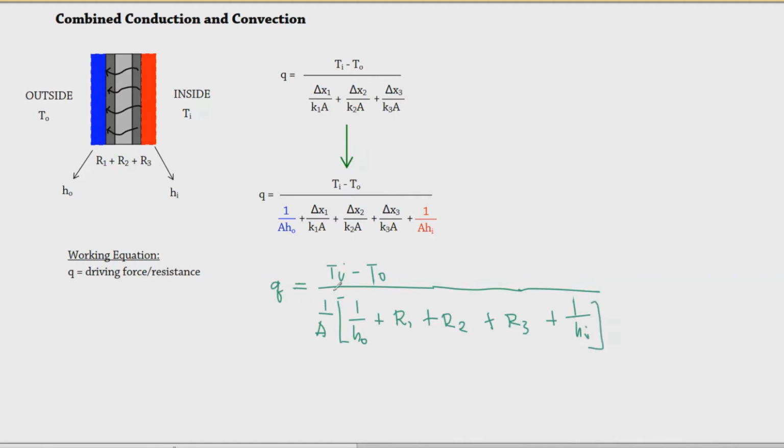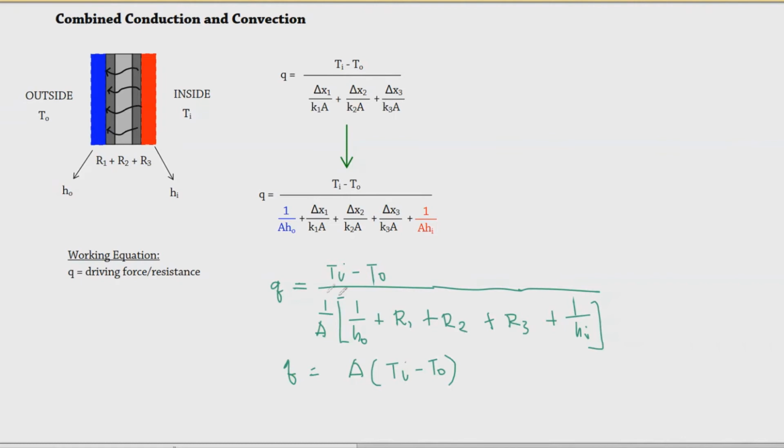Okay, and then since this is the reciprocal, I can actually put it at the numerator. So I have here A, and then the difference in temperature, and then this whole term here, we have 1 over HO plus all the resistances plus 1 over HI.